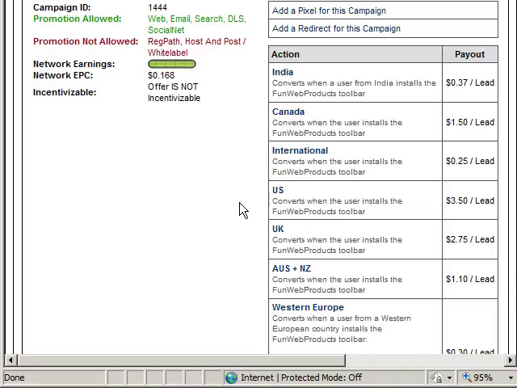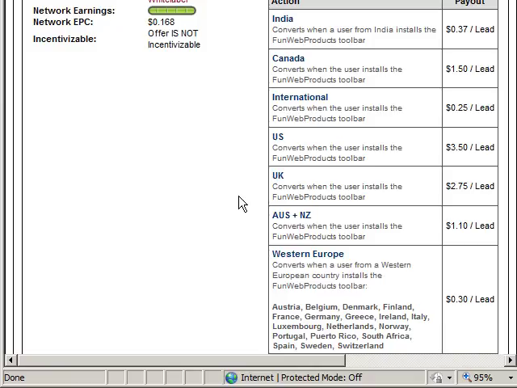Now, one thing to mention here is that if you do use PPC, you can tell Google AdWords or any other PPC sites that you only want traffic from the US, or you only want traffic from the UK, which is the nice thing about that versus promoting it through the search engines by using SEO, because this way you target people who are actually in a specific country.